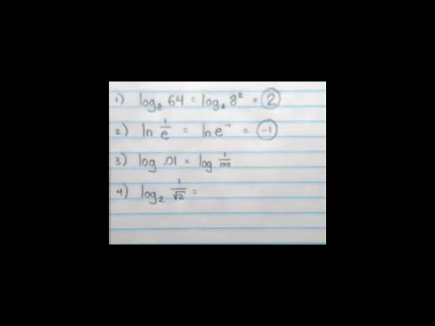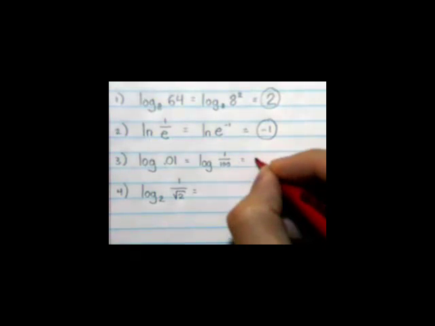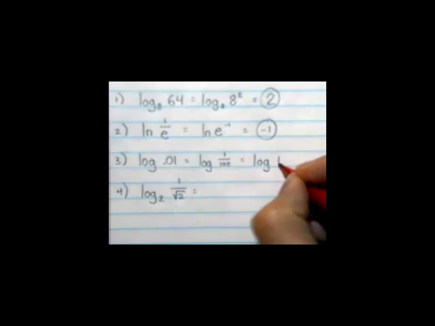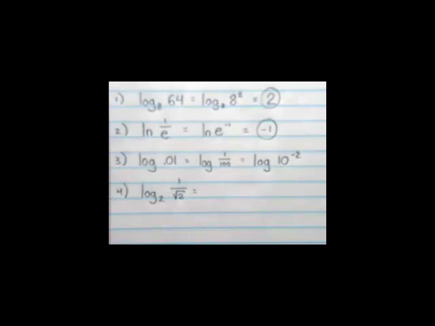So if you see no base written, assume 10. Okay. So I'm going to go one more step with this one then. So log, if it's 1/100th, that would be 10 to the negative second power, right? So what is log of 10 to the negative second? -2. Again, using that same property we used in the first two.